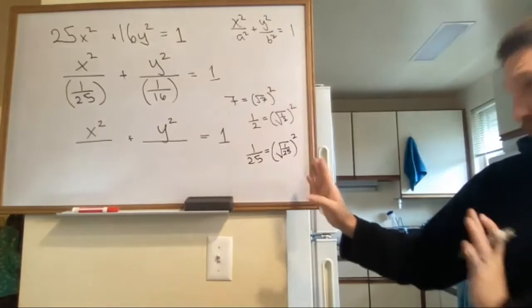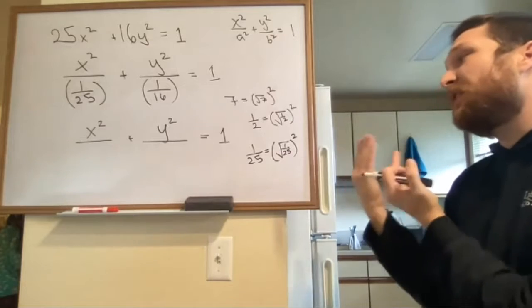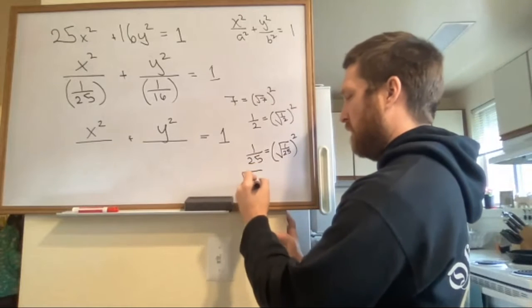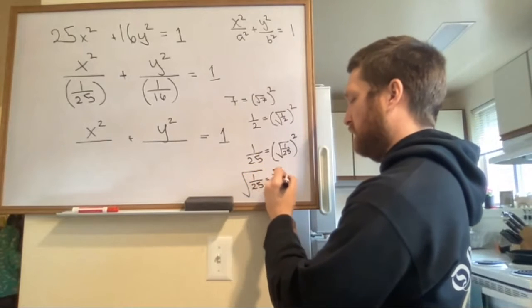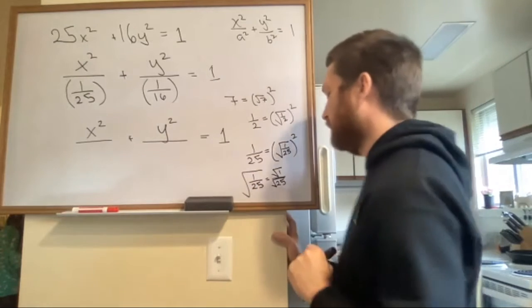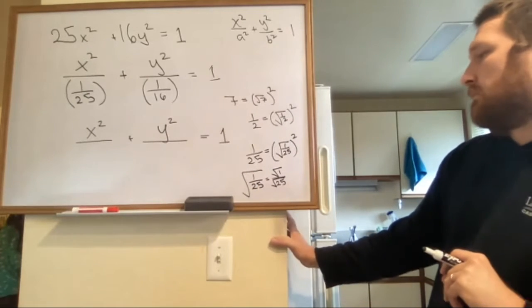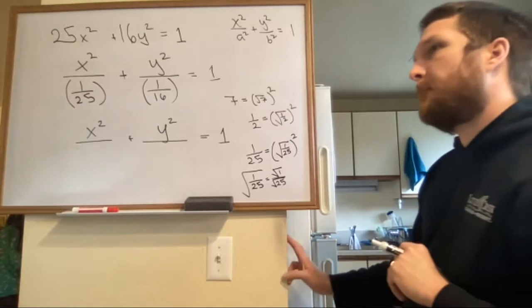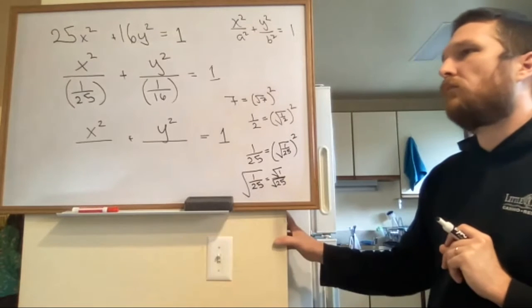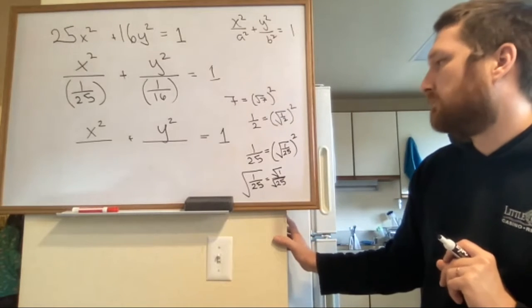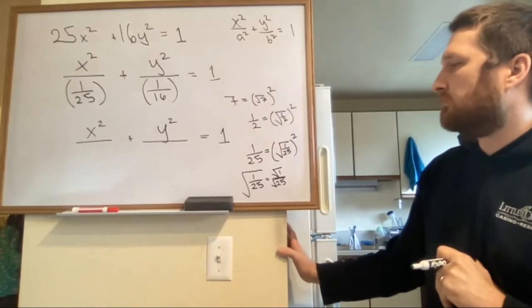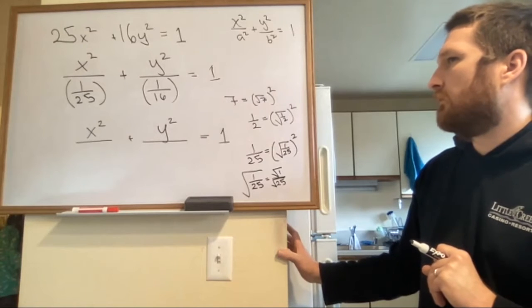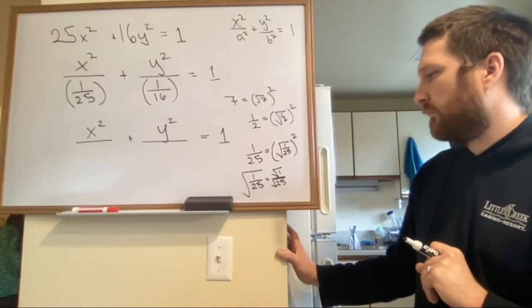Technically we're done. We could just do that, but this one is pretty easy to evaluate. What is the square root of 1/25? 1/5.